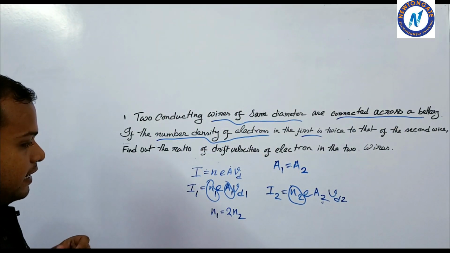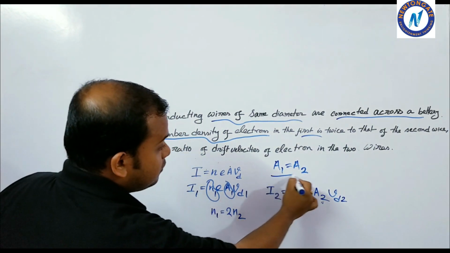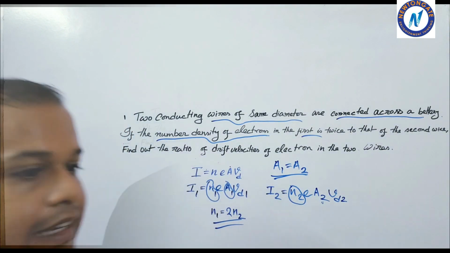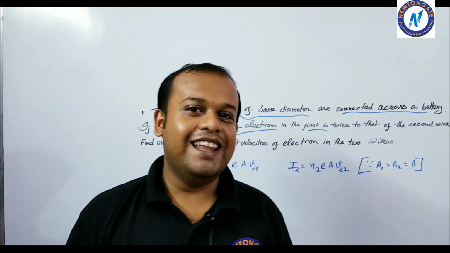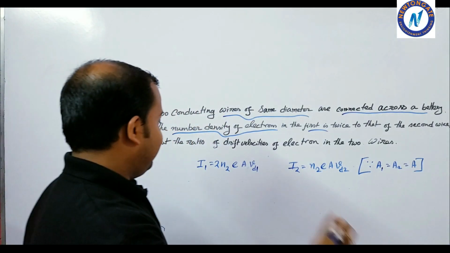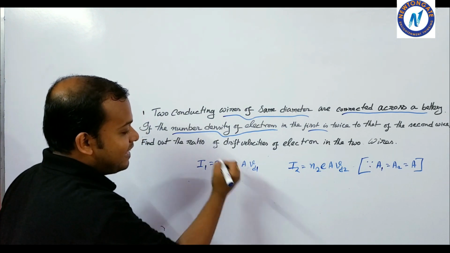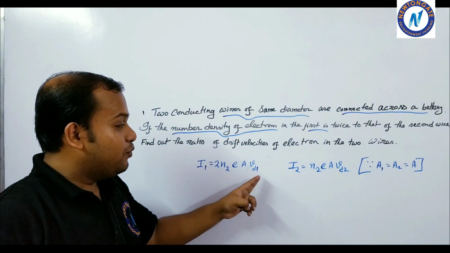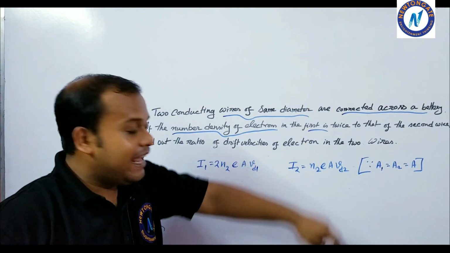Now let us write the individual equations once again in terms of this. So our transformed equations are something like this. This is our first equation, that is I1 equals 2 N2 into E into A into Vd1, and also I2 equals N2 into E into A into Vd2.